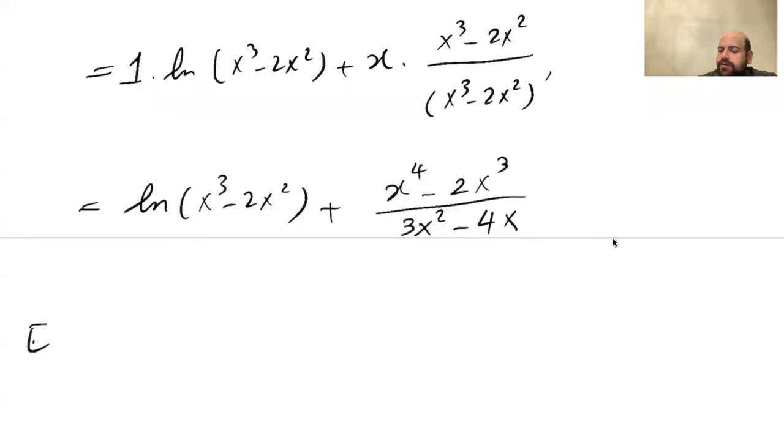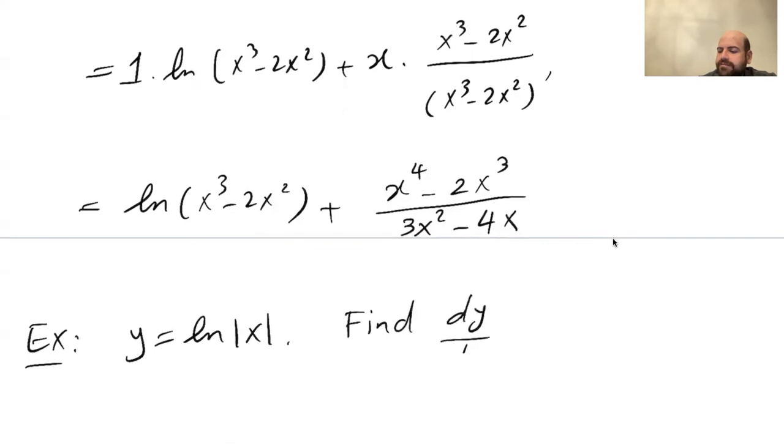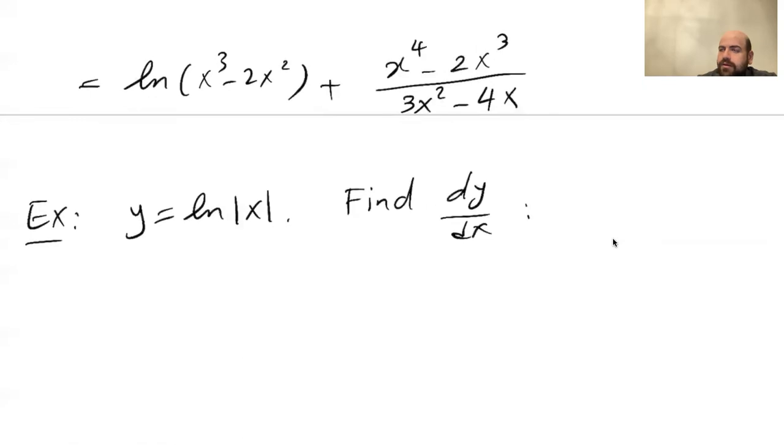Another example, let's say y equals ln of absolute value x. Find dy/dx. So for ln of absolute value x, first of all, we have to note the domain of this function. What is the domain of ln of absolute value x?